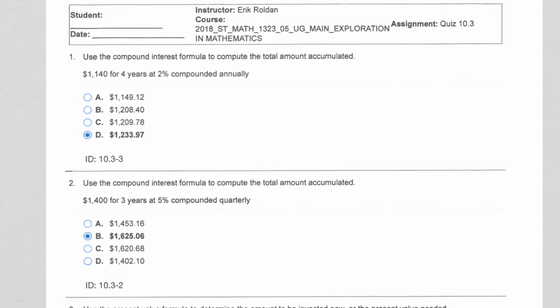So, remember the compound interest formula looks like this. Okay, and we just want to make sure we know what is what. There's so many things to keep track of here. Okay. So use the compound interest formula to compute the total amount accumulated.